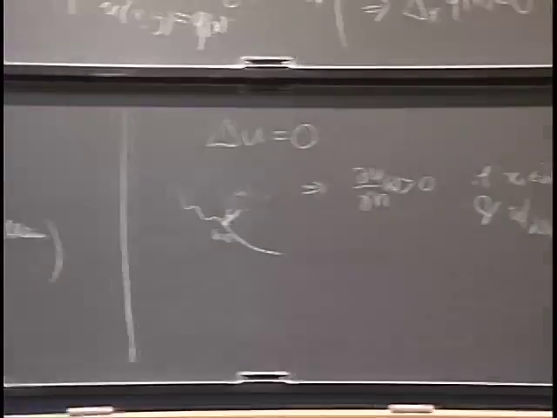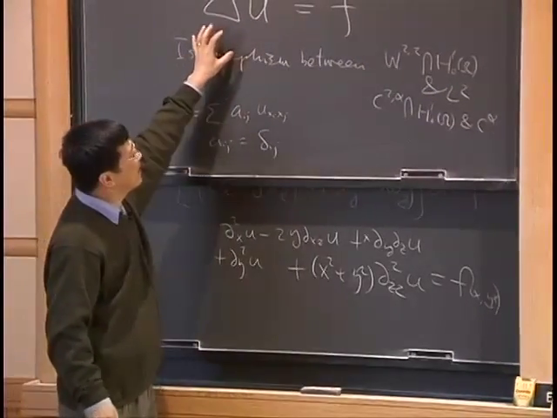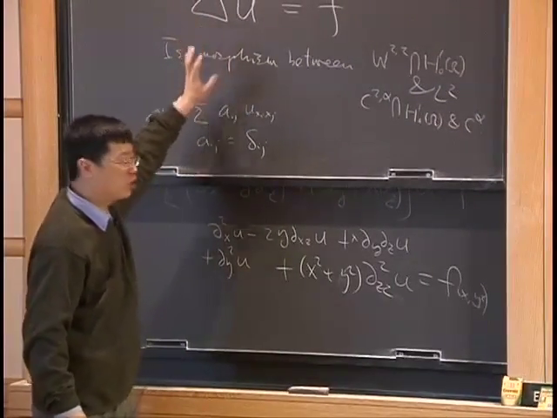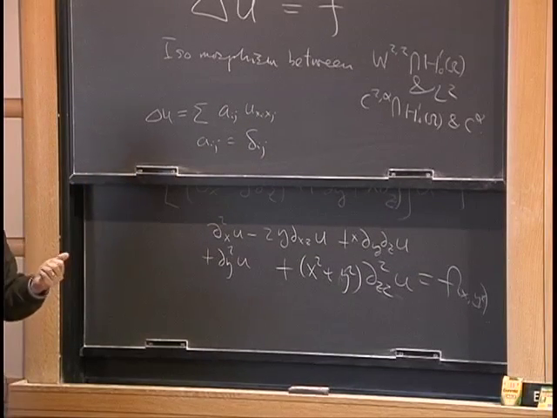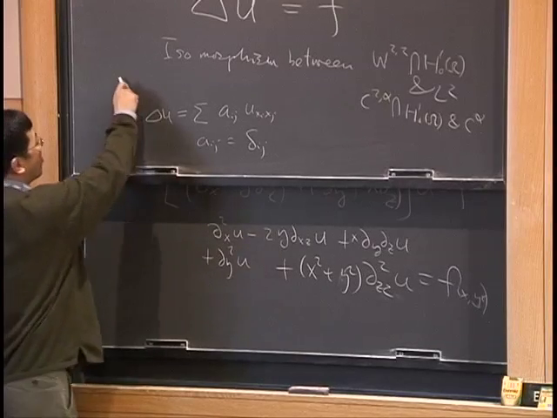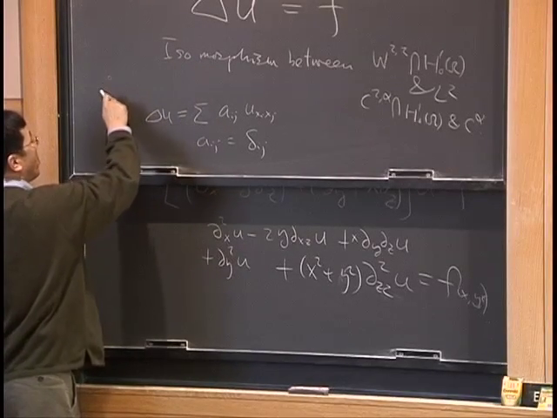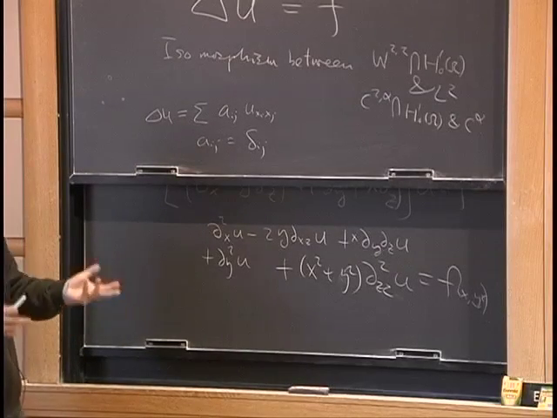If you look at this type of equation, let me go back here. It's why elliptic equation is good. It's because the propagation of the information is in all directions. Each point, from the equation's point of view, is treated equally. No point is more special than the other one.